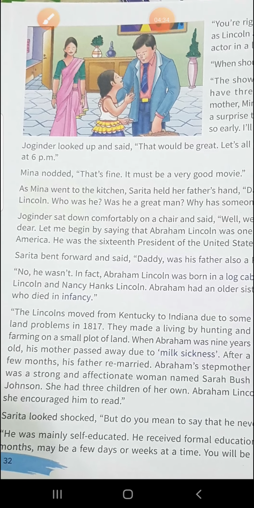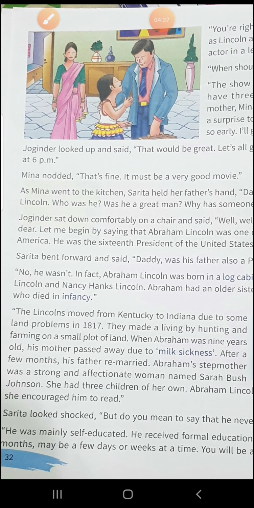She was a very strong woman and she was a very loving woman. It was not like Abraham Lincoln and his sister were stepchildren for her and she treated them differently. She was a very affectionate woman. She loved both of them like her own children.